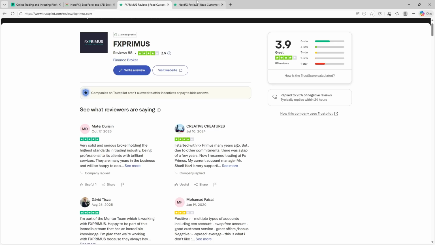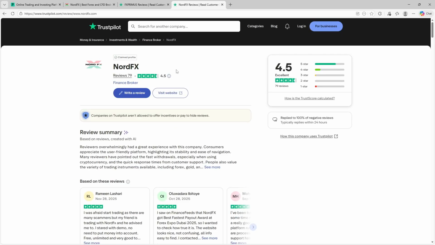NordFX holds a Trustpilot rating of 4.5 out of 5, with reviews commonly praising fast withdrawals, platform simplicity, and ease of use. Many traders mention positive experiences with crypto withdrawals and customer support responsiveness, while occasional criticism focuses on limited educational tools rather than execution quality.